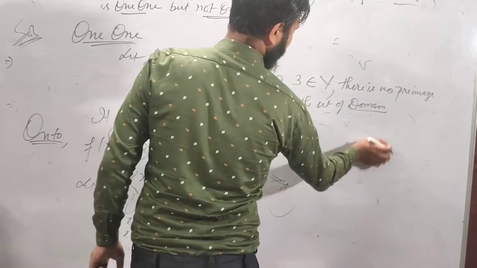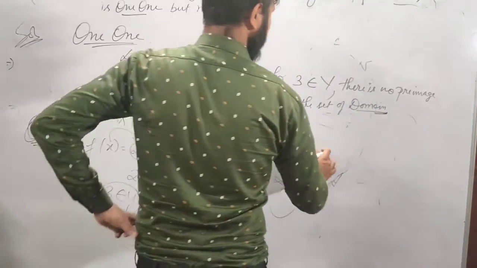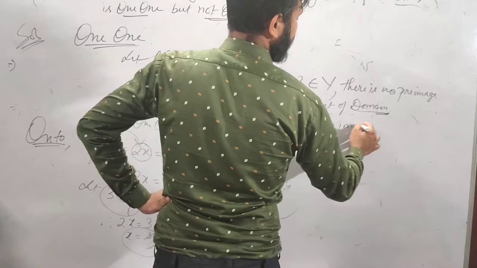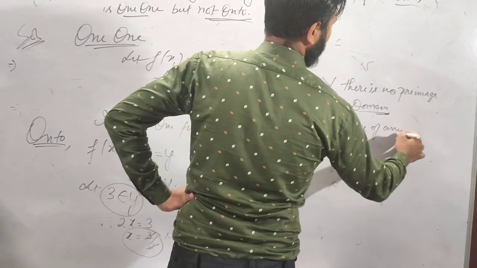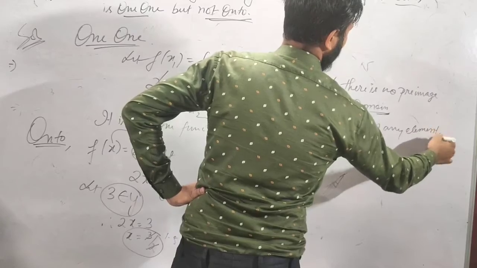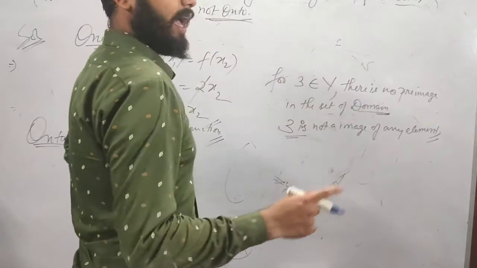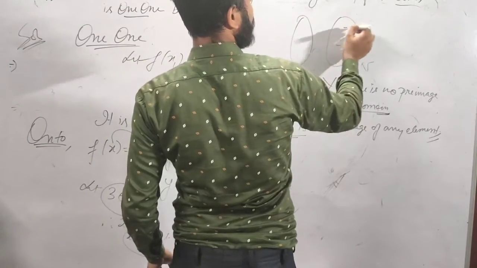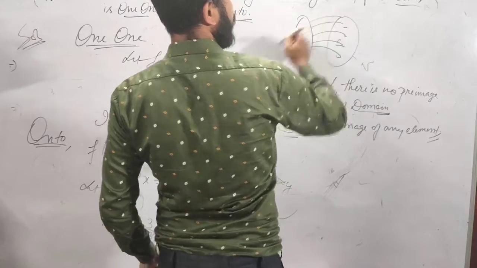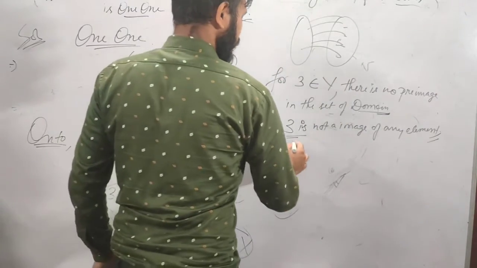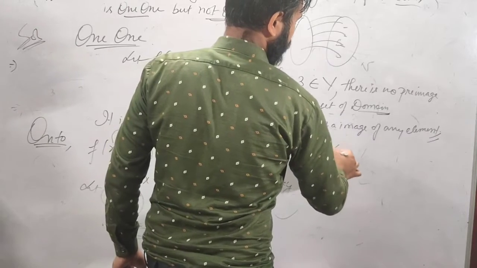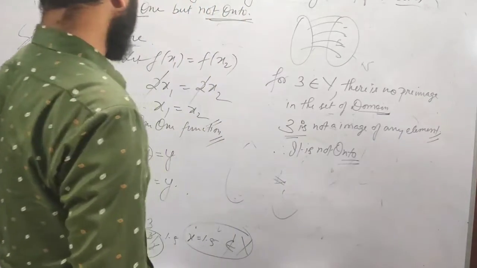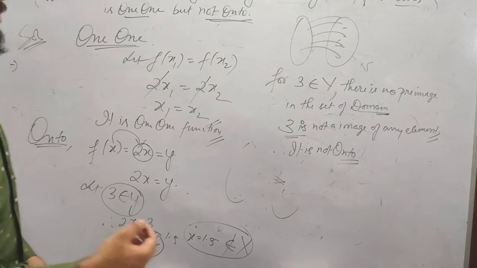So what we can say from here is that 3 is not an image of any element. So if 3 is left out, then for being onto every element of the codomain should be occupied. That means they should have some partner, right? So therefore it is not an onto function. I hope it is very clear to every one of you. So let us proceed to another example.